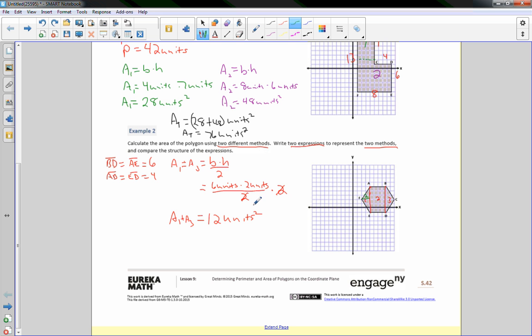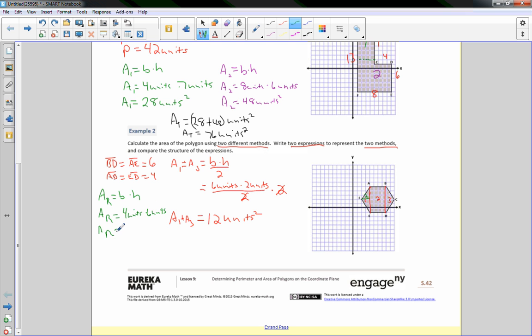Now I need to find the area of the rectangle in between. So the area of the rectangle equals base times height, and the base is ED, which is 4 units, times the height, which is AE, which is 6 units.